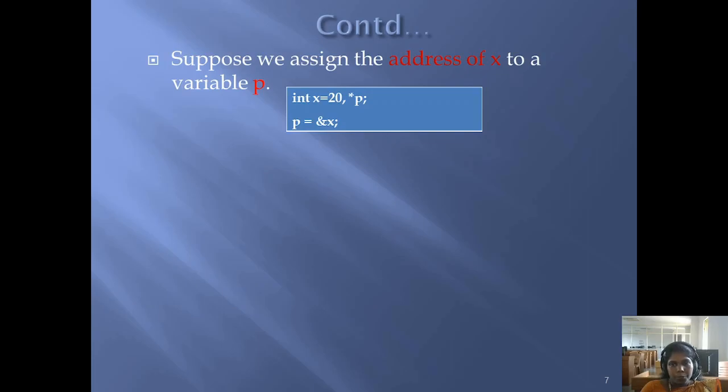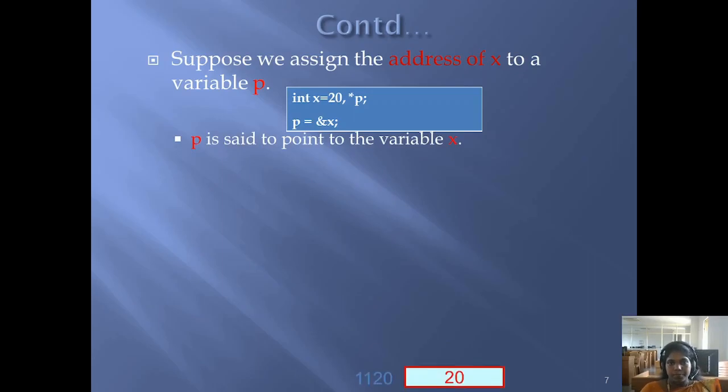Now a pointer variable is used to hold the address of a variable. Here I have assigned the address of the variable x, so I have used the ampersand operator. The ampersand symbol returns the address of the variable. P is set to point to the variable x.